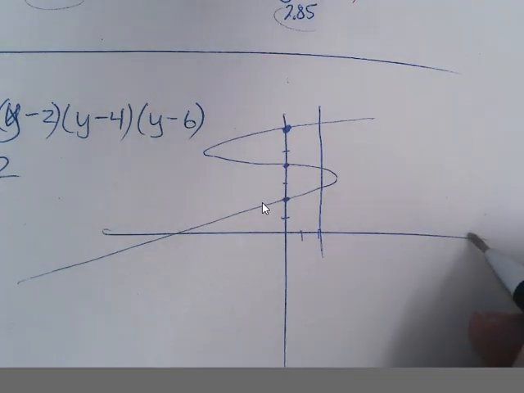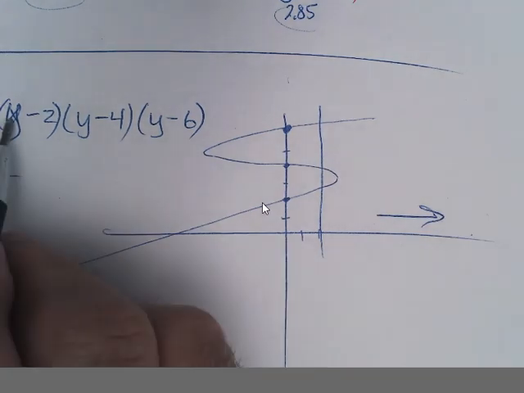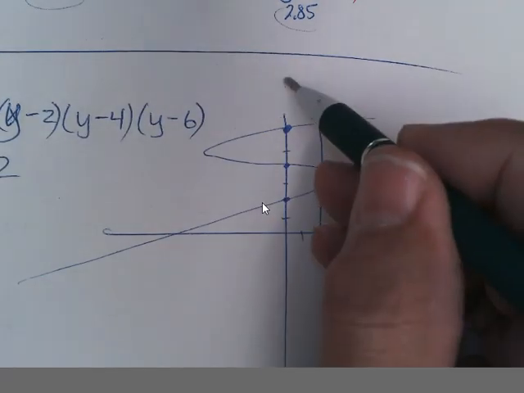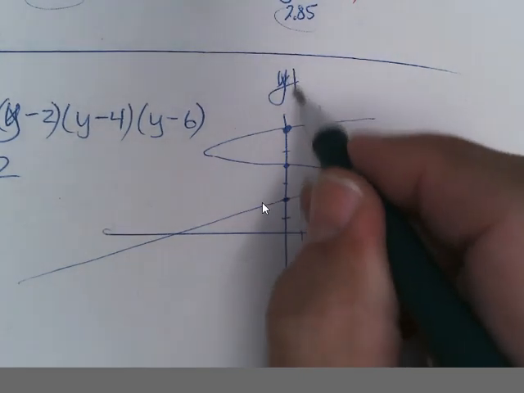Now, this is the positive direction for the x-axis, which is kind of like my y variable. It used to be on the other one, and this is my positive direction here in the y this way.